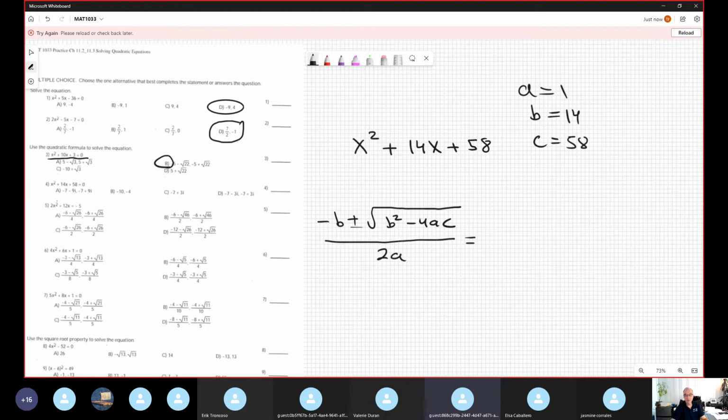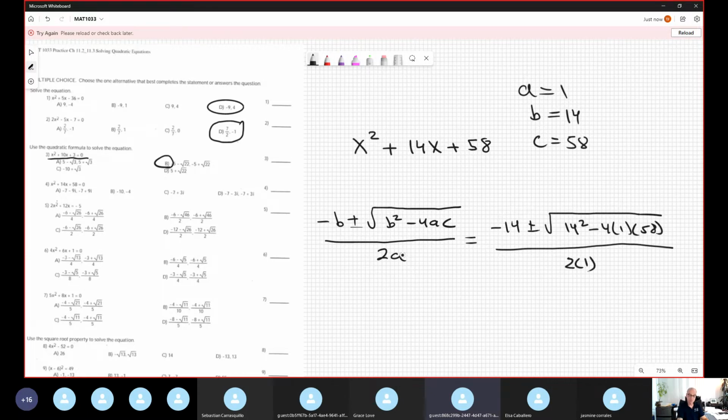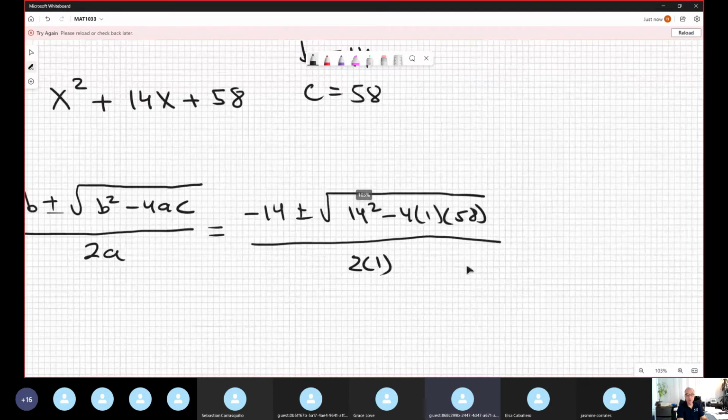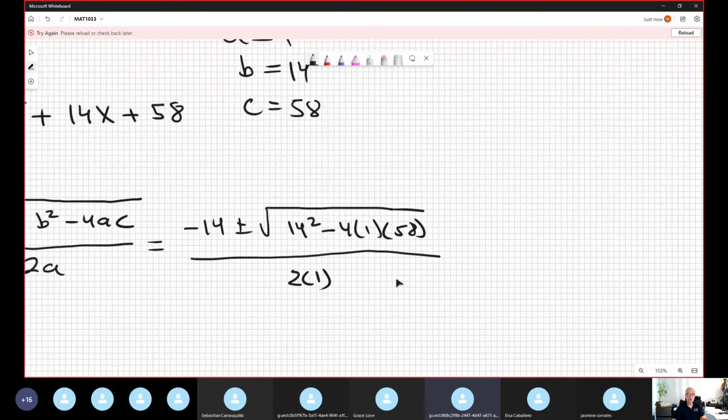Replace by the corresponding values. That is negative 14 plus or minus square root of 14 squared minus 4 times 1 times 58, divided by 2 times 1. Okay, now I change the color because I want to compute the expression inside the radical.